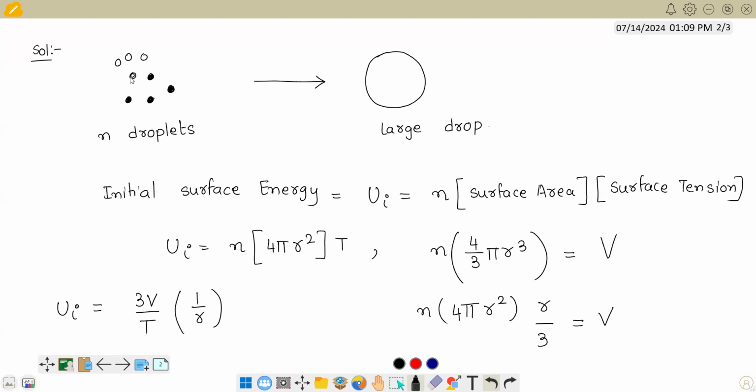We will assume while solving these problems that the density is not changing. If you assume constant density in this entire process, we can write initial mass equal to final mass, and since mass is density into volume, we can conclude that initial volume would be equal to final volume.